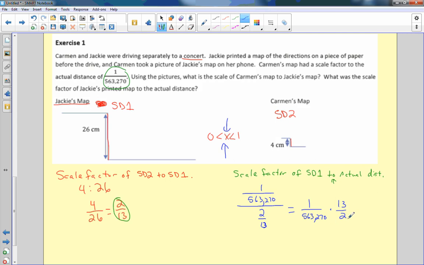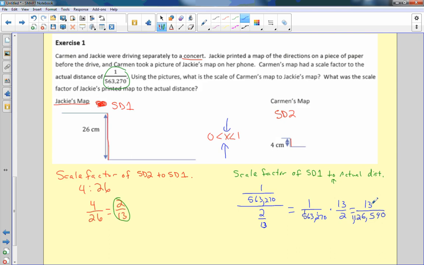And when I do that, I get a number that comes out to be, 13 times 1 is 13, and 563,270, I don't need a calculator, 2 times 0 is 0, 2 times 7 is 14, carry the 1, 2 times 2 is 4, plus 1 is 5, and 2 times 3 is 6, 2 times 6 is 12, carry the 1, 2 times 5 is 10, plus 1 is 11.